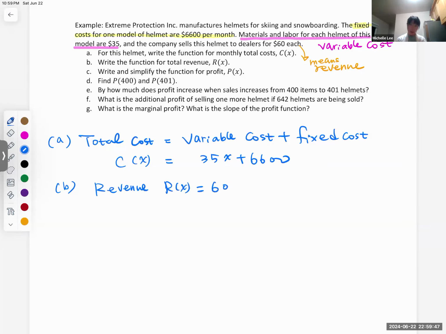The third one, write and simplify the function for profit, right? So profit function, we had P of x equal to revenue minus total cost, right? So there will be revenue R of x minus C of x. So R in that case is 60x minus total cost, which is 35x plus 6600.